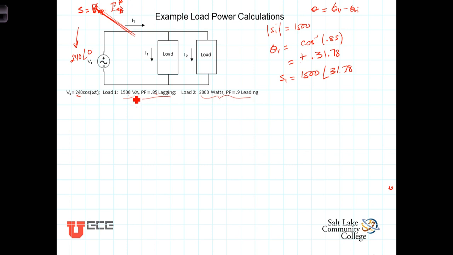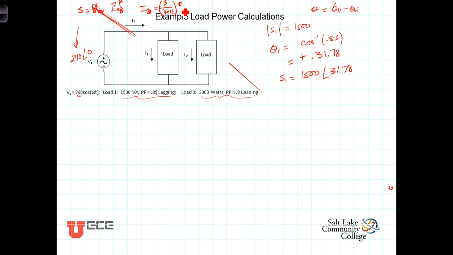So we've been given a form of power. If we can get S, then we can write the current. The current, I effective, is equal to S divided by V effective, conjugate.